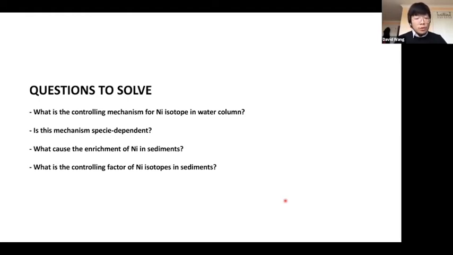Like what is the controlling mechanism for nickel isotope in the water column, especially in the surface ocean? If it's really caused by the biological uptake, is this mechanism species dependent? Is it regionally dependent? And what caused the enrichment of nickel in sediments? And what is the controlling factor of nickel isotope in sediments? And today I'll mainly focus on questions 3 and 4.